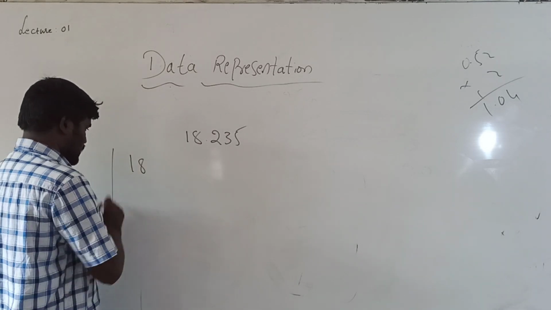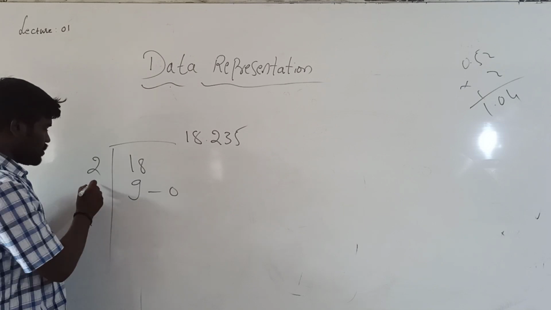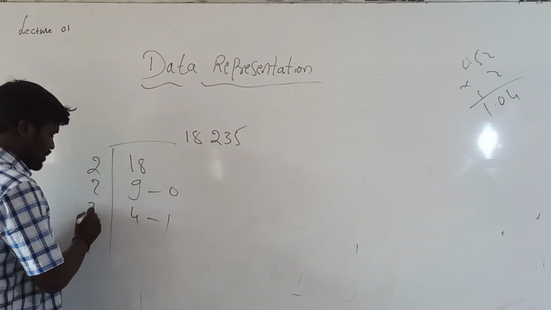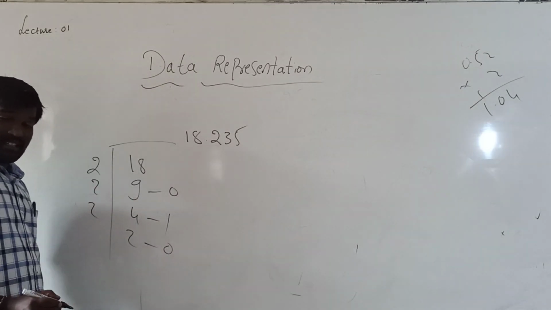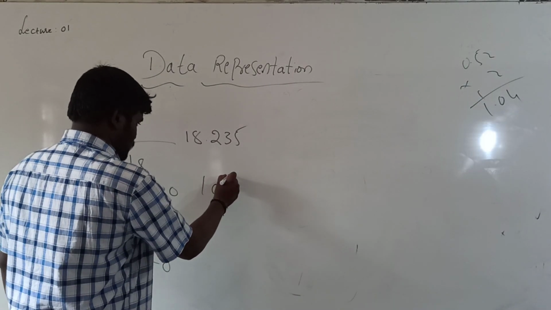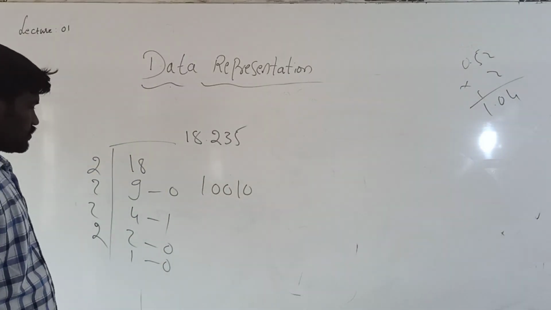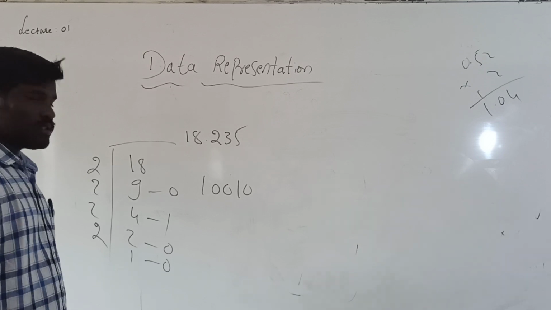First we have to solve 18. 2 9s are 18, remainder is 0. 2 4s are 8, remainder is 1. 2 2s are, remainder is 0. 2 1s are, remainder is 0. 10010. Okay, so this is 18.